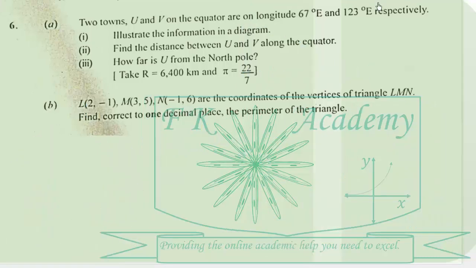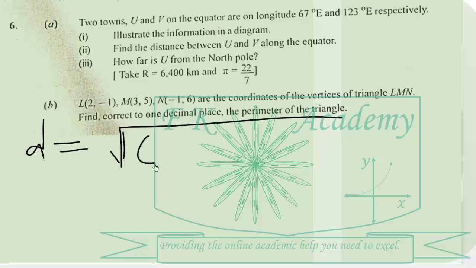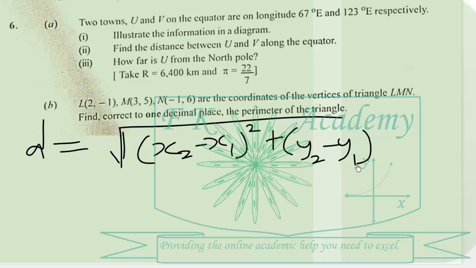B part, we have to find the perimeter of the triangle LMN. We will use the distance formula. D equals square root of x2 minus x1 all squared plus y2 minus y1 all squared. So we just fix in the coordinates.